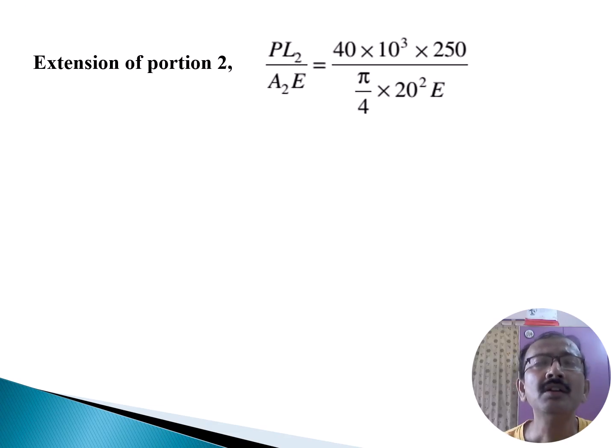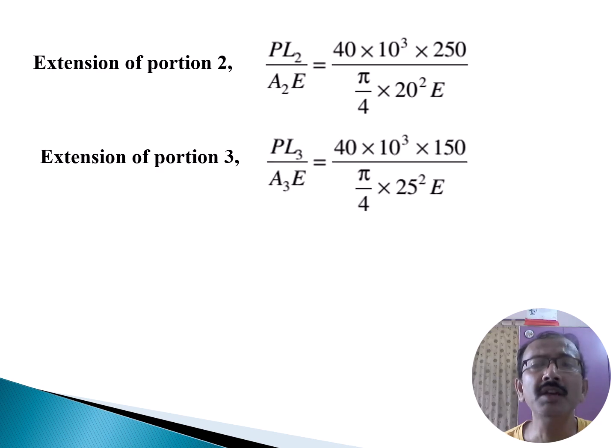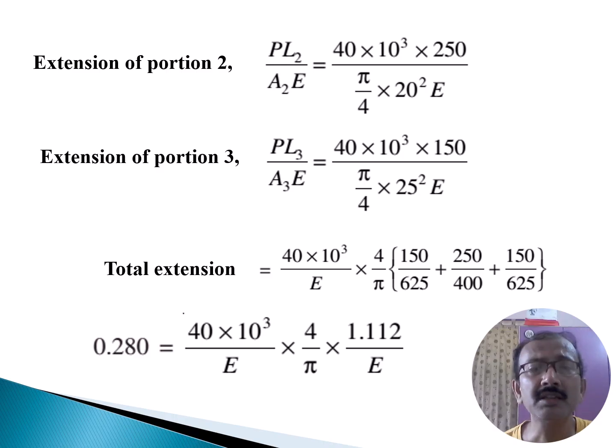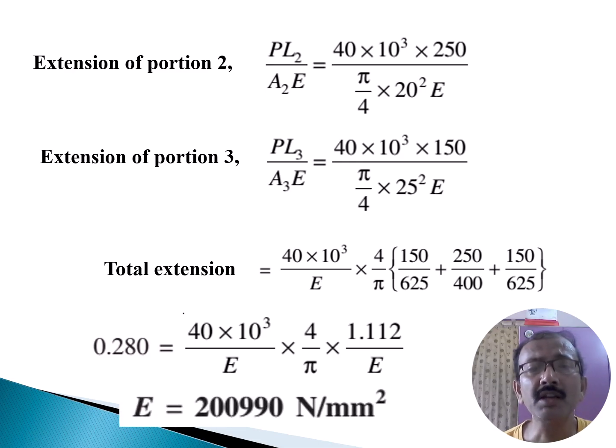In the same way for portion 2, PL2 by A2E, and the extension in portion 3 is PL3 by A3E. So the total extension is the sum of the three. Finally we get this value, and this equals 0.280 as per the problem. So finally we get E, the modulus of elasticity, equal to 200,990 Newton per millimeter square.